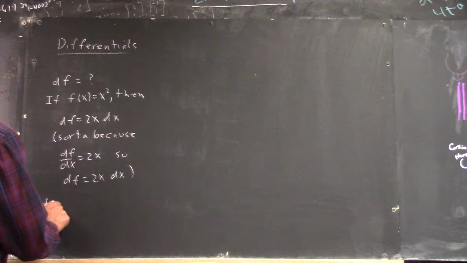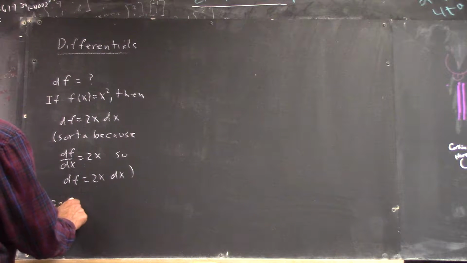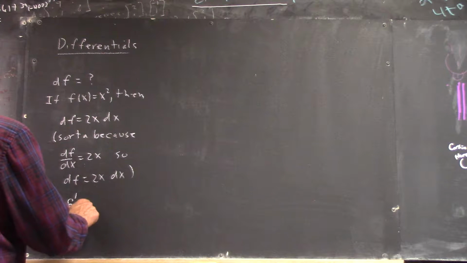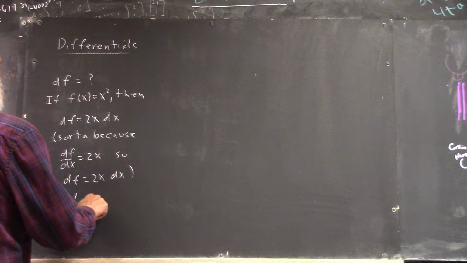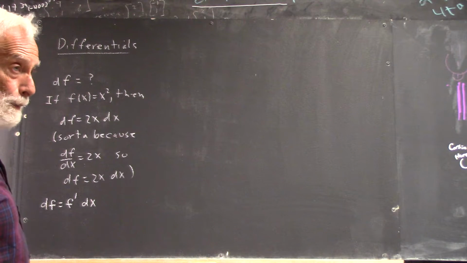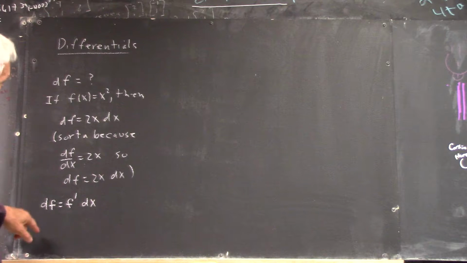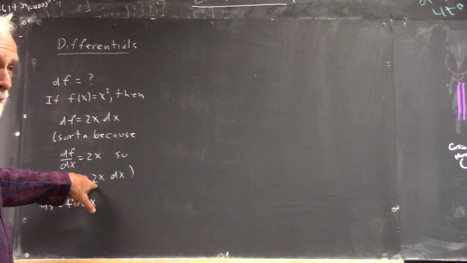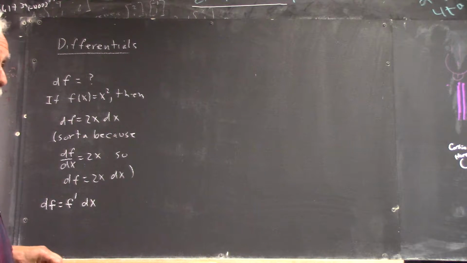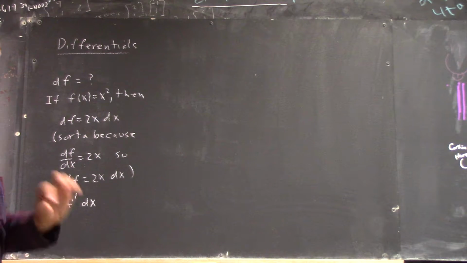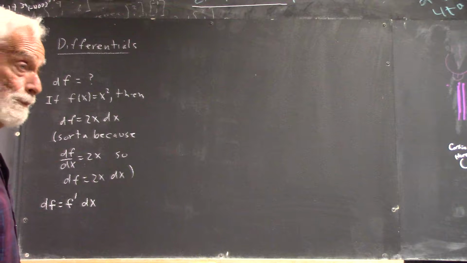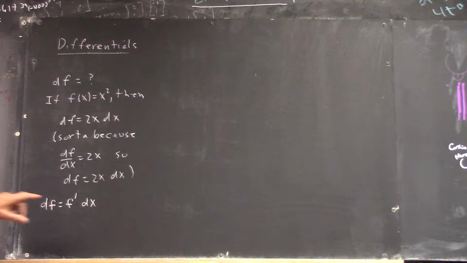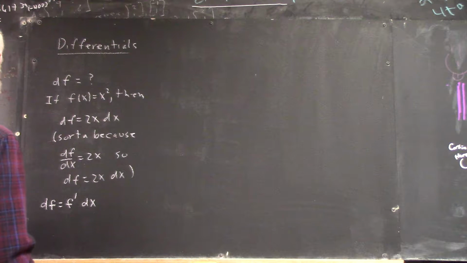Okay, df equals f prime times dx. Write it that way. Because df/dx equals f prime, and if we accept this, which I'm not going to go into detail on now, but it's very much related to what you did for homework, projecting tangent lines. Okay? We could write this.